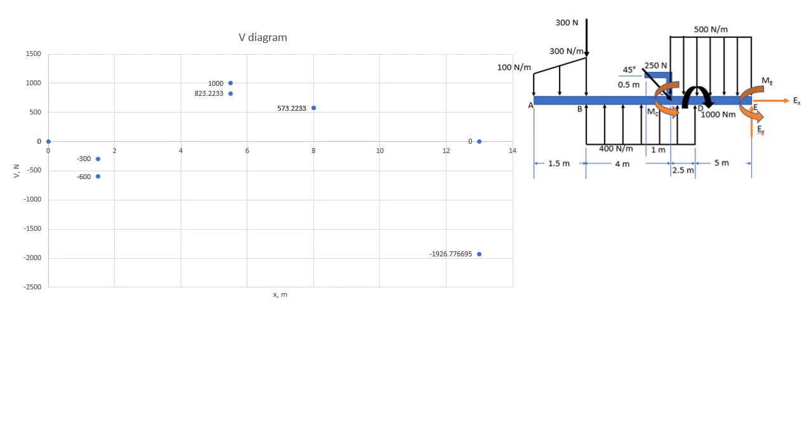So from point A to point B, our distributed load is downwards here, this trapezoid. Downwards, so negative, but the magnitude is increasing, 100 to 300. So that would be a negative increasing slope for your shear curve. So what I taught you in class, increasing.